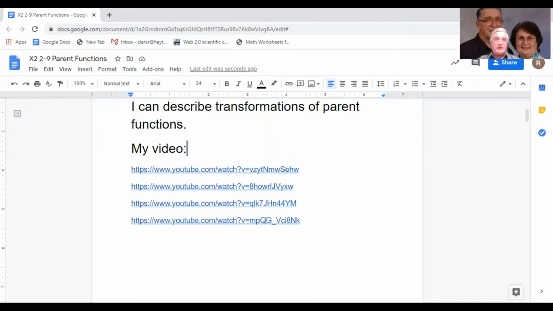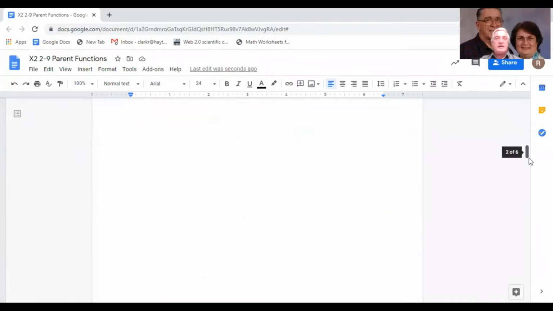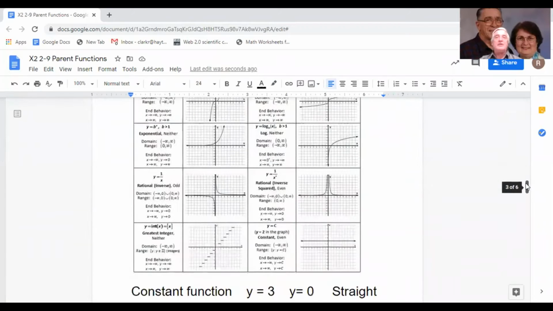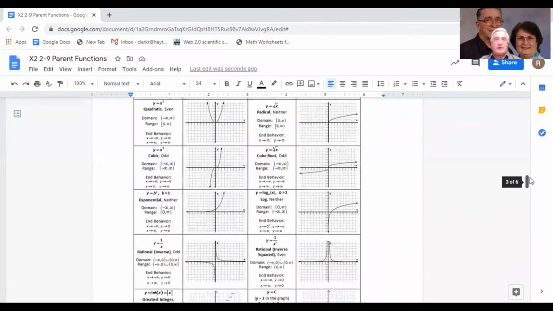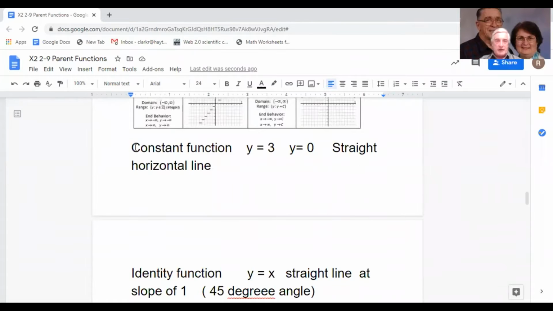I've got 4 other videos that talk about parent functions. Some of them mention the functions I'm going to talk about. Some will mention other functions. There's 10 in this chart. You're going to look like your offspring. That is, an absolute value that's a little bit sideways looks the same as absolute value that's right at the vertex. Let's start with a couple of these.